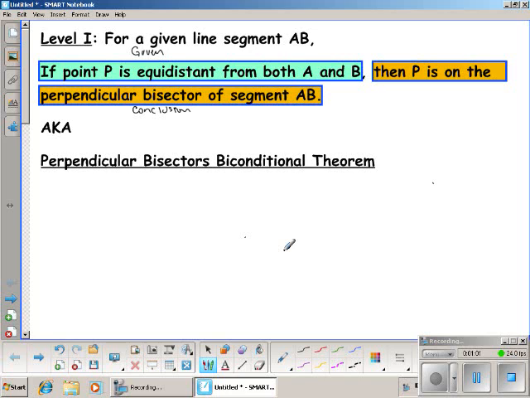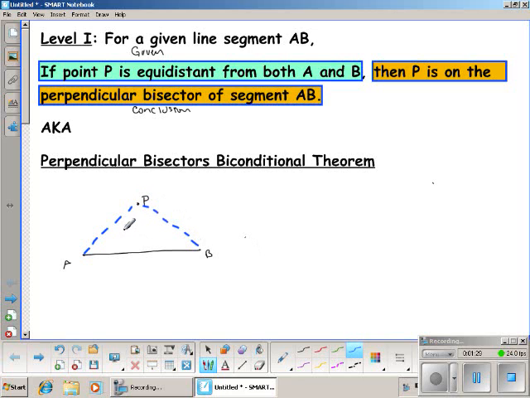So if I'm looking at this biconditional theorem, both forward and backwards from its original theorem, we have to kind of track this information carefully. So here's what it's saying. If I pick this point P, just anywhere in space, if I have this line segment AB also on a plane, as long as I pick point P so that P is always going to be equidistant to the endpoints of the segment.